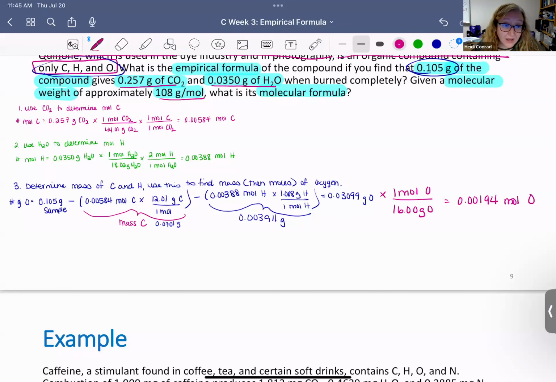Now I know my moles of each species. Moles of carbon, 0.00584. Moles of hydrogen, 0.00388.